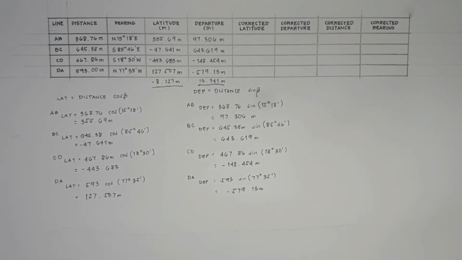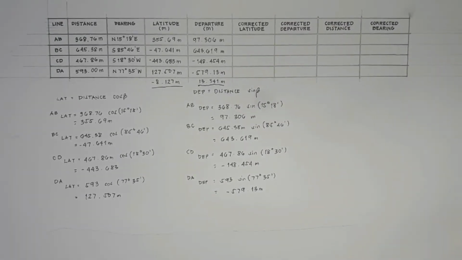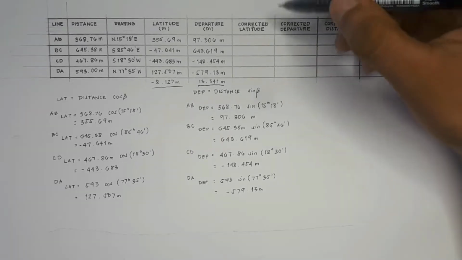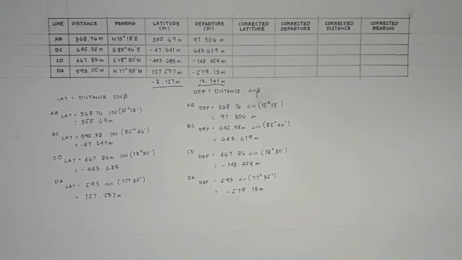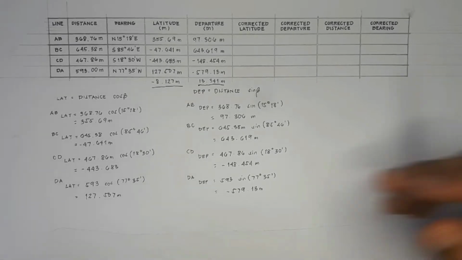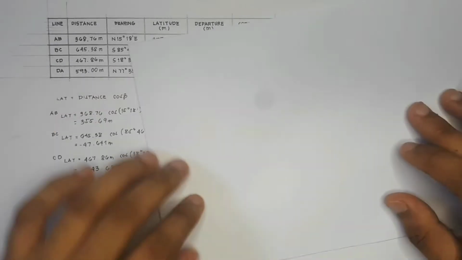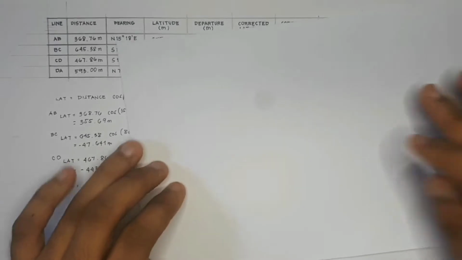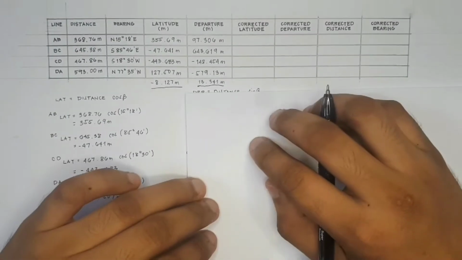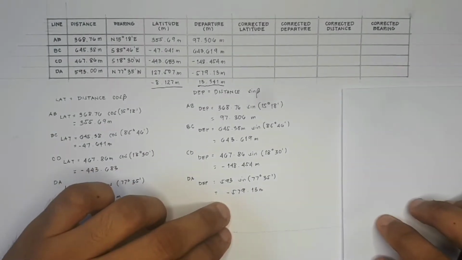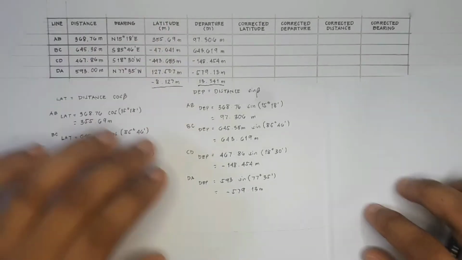So now we will compute for the correction of each traverse using the compass rule. Earlier I presented to you the formula that we need to follow in order to compute the correction along the latitude and departure using the compass rule. So first we are going to compute the correction we need for latitude.